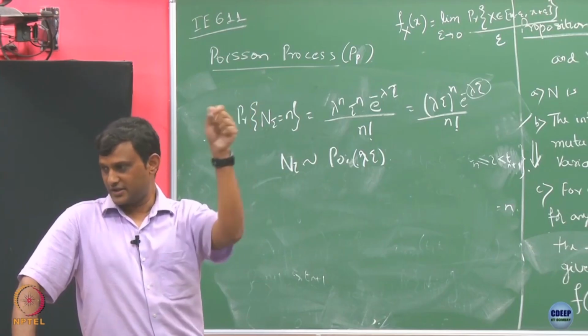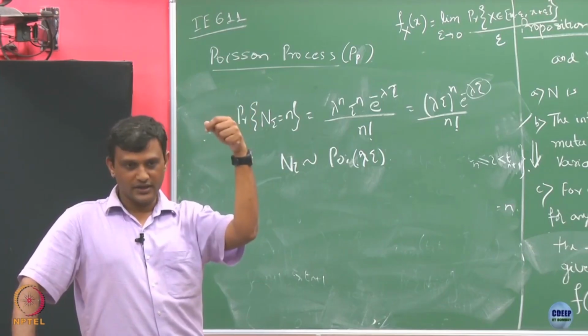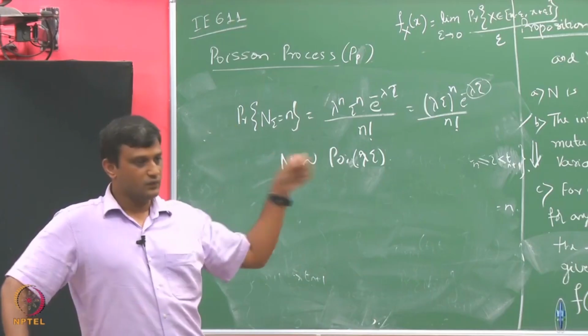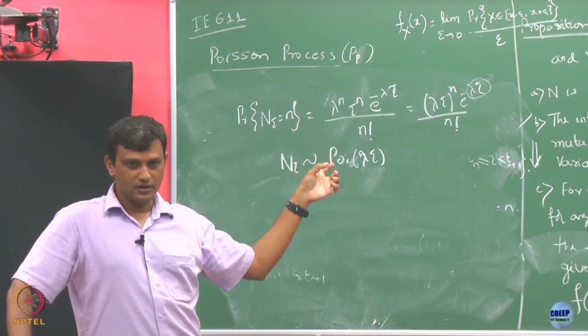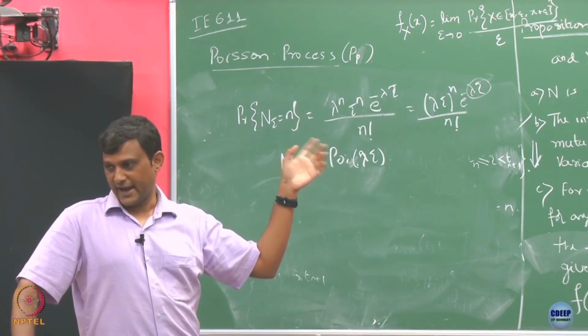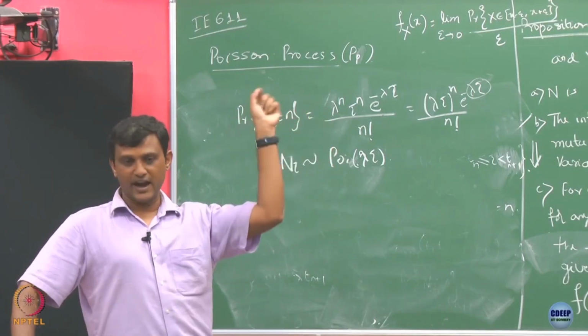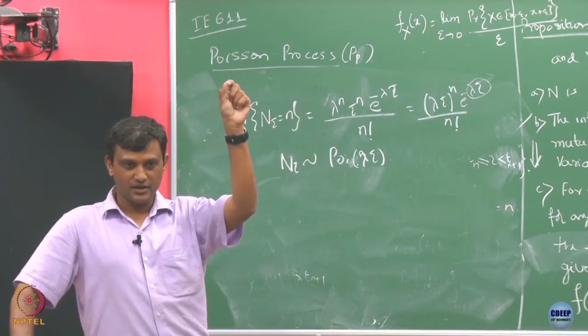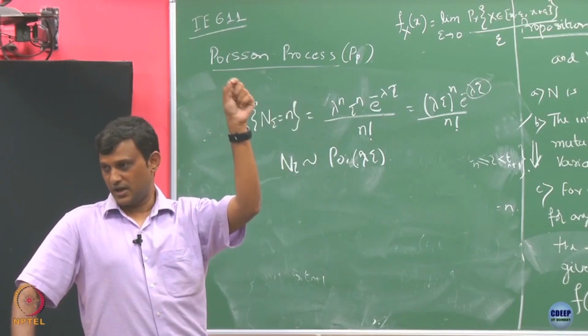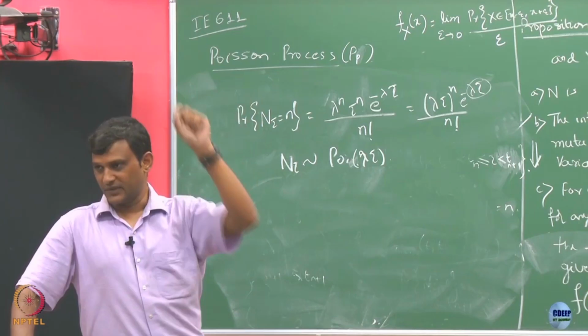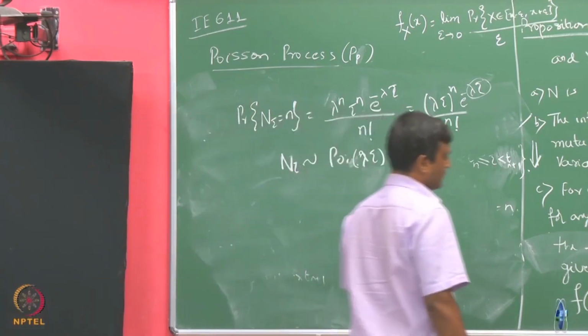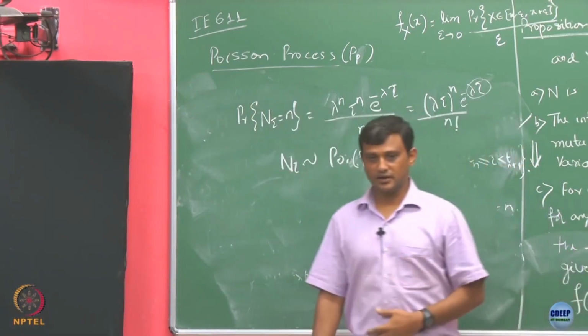Each point I draw happens uniformly with parameter tau, but I also have the constraint that these points need not be arbitrary; they have to be in increasing order, that is t1 has to be less than t2 and so on. Because of this I end up with this n factorial term here.